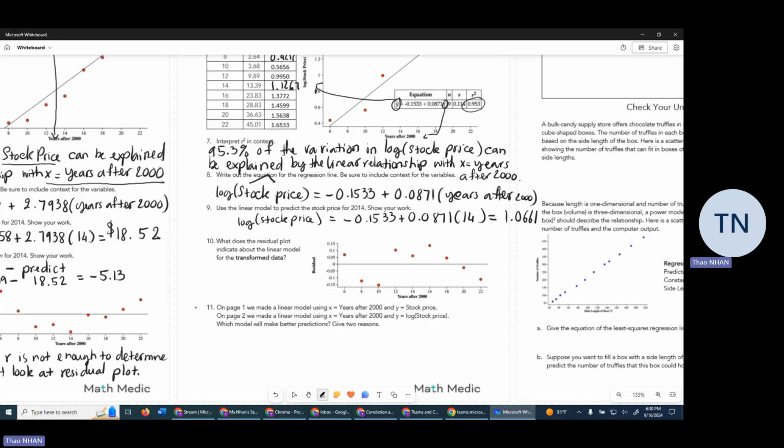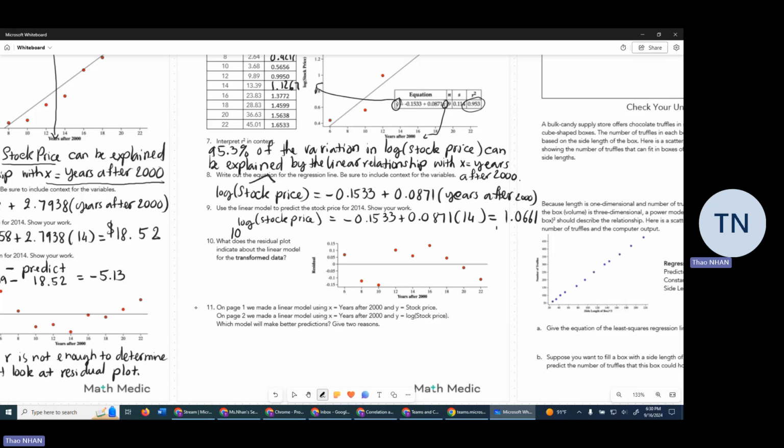Now remember, this is not the actual stock price. This was the log of stock price. So to get the actual stock price, you will have to do the inverse of log. So you have to do exponent. I'm going to do the opposite of log. If it's just log, then you know that it's log base 10. So if I take 10 and raise it to the log here, it will disappear.